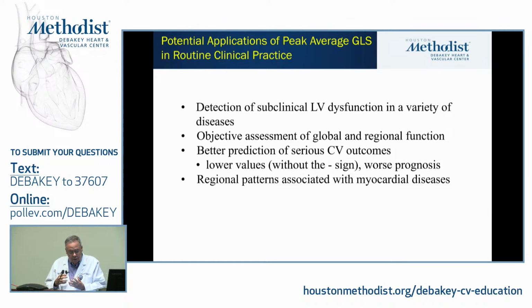It gives us an objective number that we can use for both regional and global function. As I'll show you, there's increasing data coming in terms of its power to predict cardiovascular outcome. And then there's some regional patterns that are kind of nice because it's a simple eyeball of the bullseye that can give you a quick suspicion of the different type of diseases.